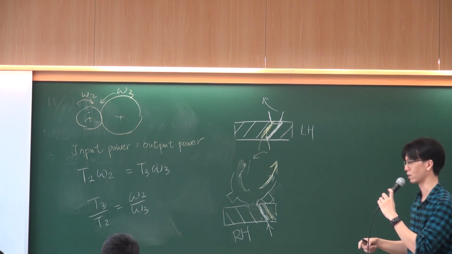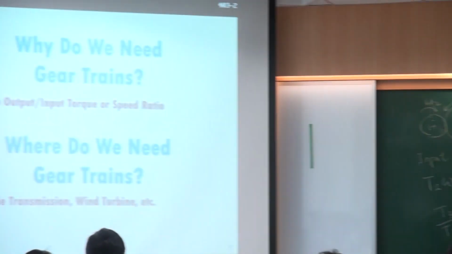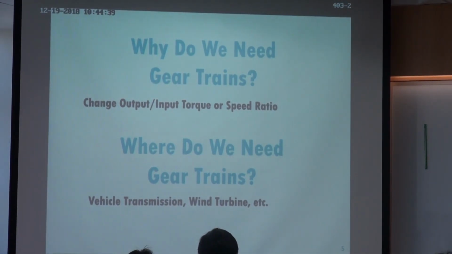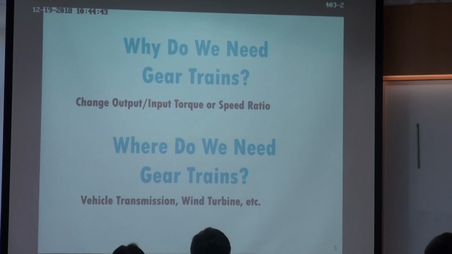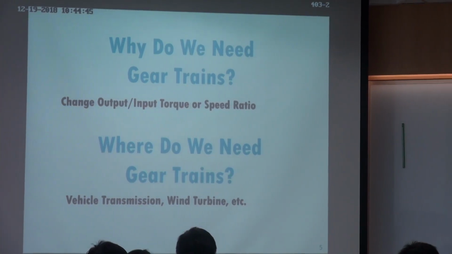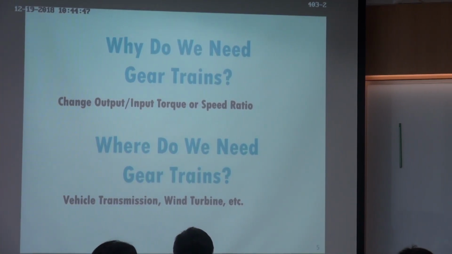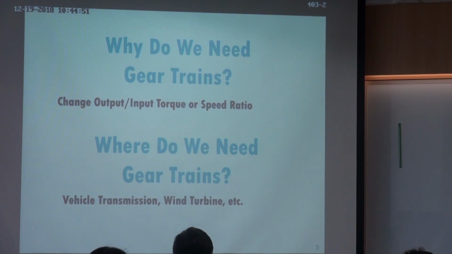The generator is basically a motor, but you rotate the shaft, and then the motor can generate some power. But if you want to generate large power, usually you need a very high speed. So for a wind turbine, it's actually increasing the speed. You see from the outside, the turbine is rotating very slowly.